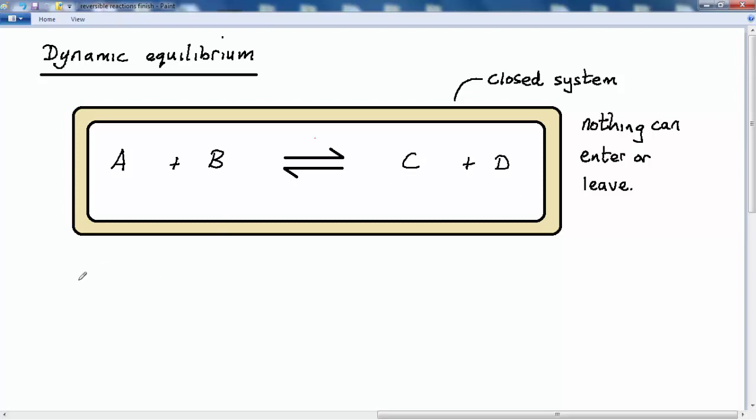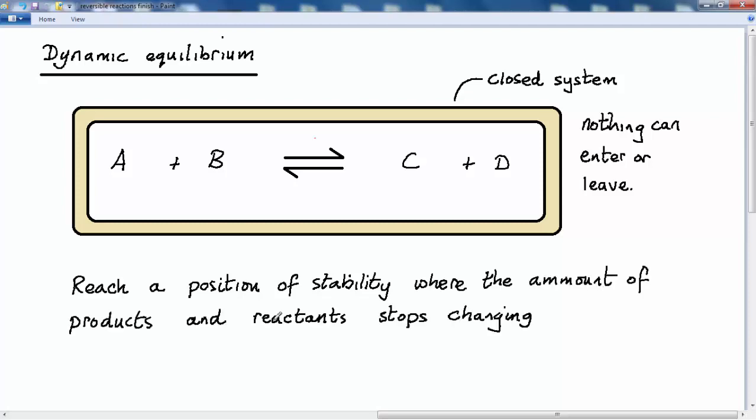So we're reaching a position of stability, and this position of stability is known, as the title indicates, as dynamic equilibrium. It's a position of stability where the amount of products and reactants present stops changing. That doesn't mean to say that the reaction has stopped.